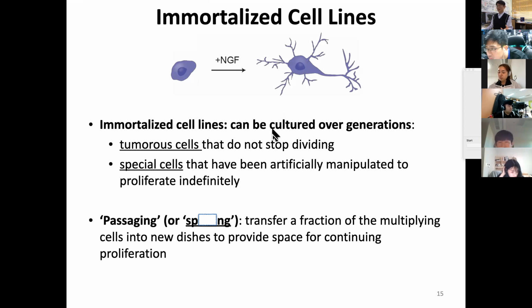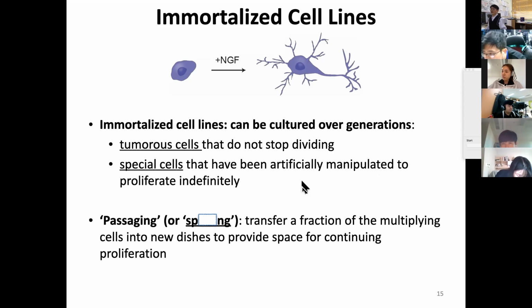Immortal cell lines can be cultured over generations, and immortal already means it's like tumor-like cells because the cells keep growing, forming a tumor mass that does not stop dividing. And this is a special cell that's artificially manipulated to proliferate indefinitely.